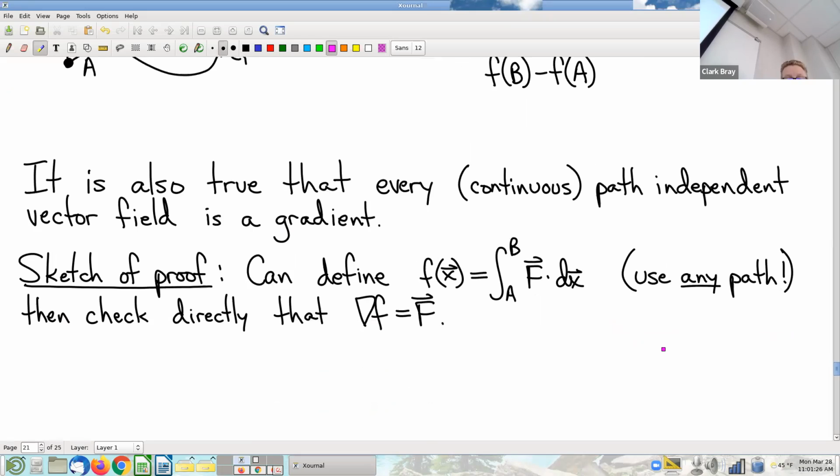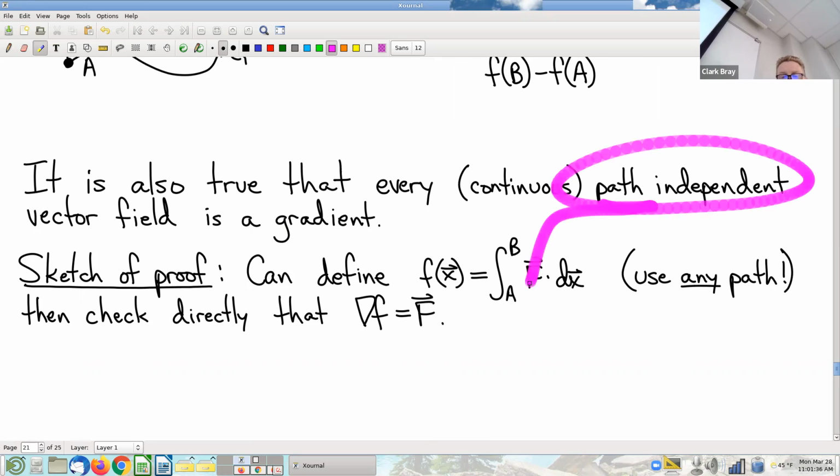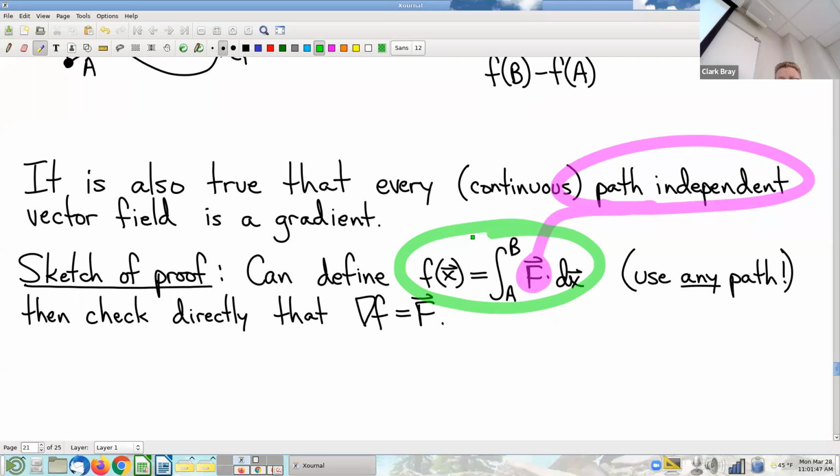Okay. If you're curious how to show this, that every path independent field is a gradient, if you have a path independent vector field, here's how you construct the anti-gradient. As it turns out, just fix some A and define the integral from A to B like this.